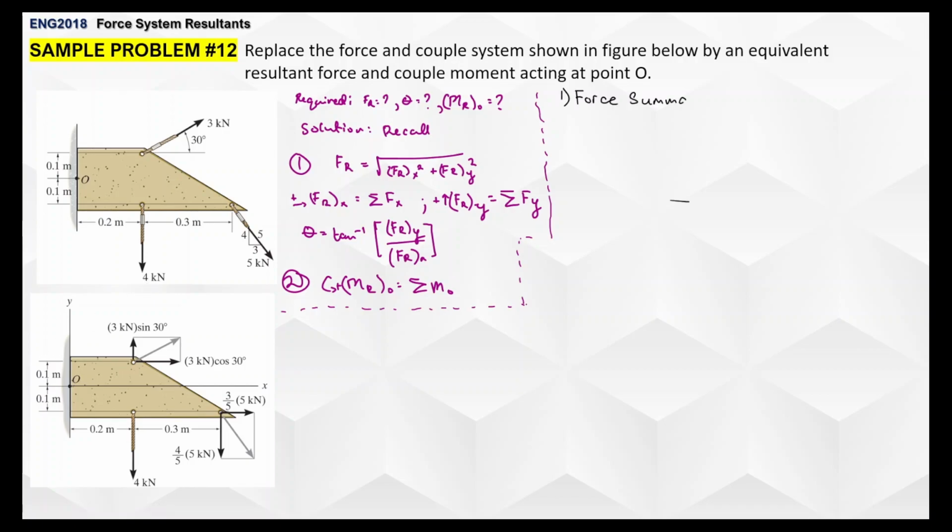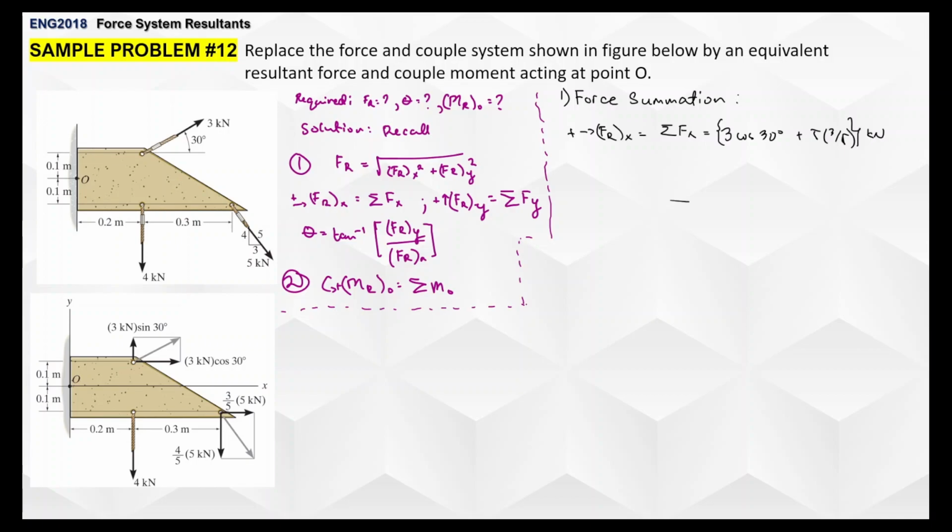So the first step here is force summation, and we first get the summation of all x. So what do we have here? We have 3 kilonewtons times cosine 30 degrees, and 5 kilonewtons times 3 over 5. That's pretty much it, so all we have to do is add them up.